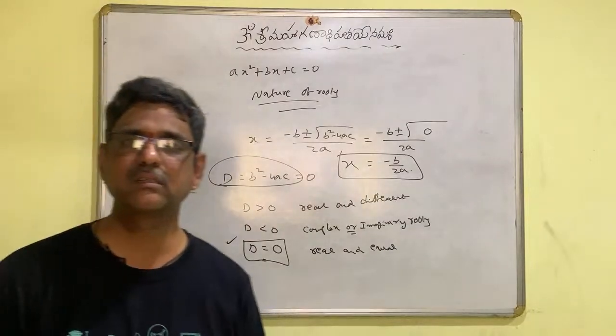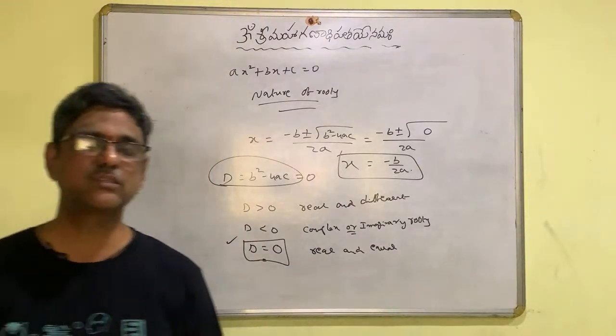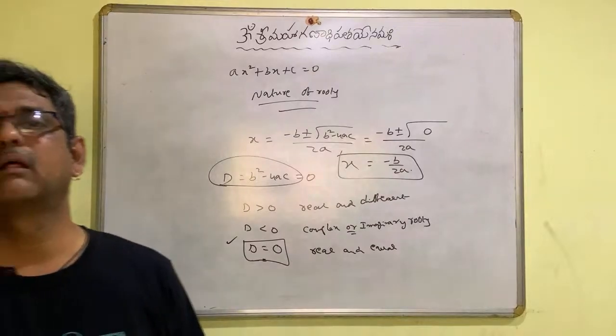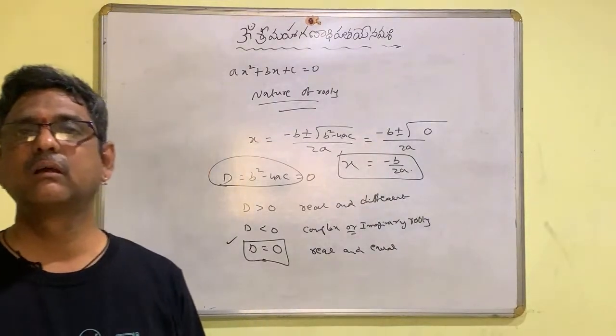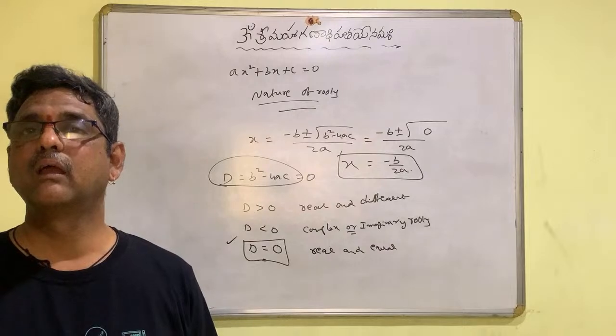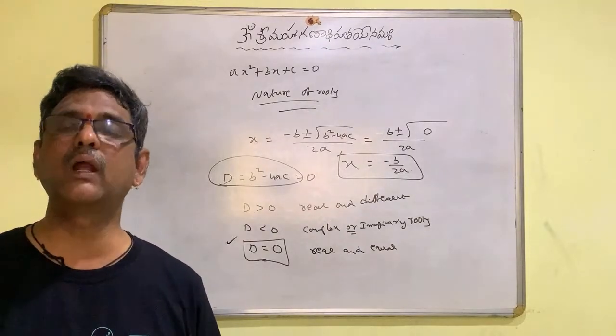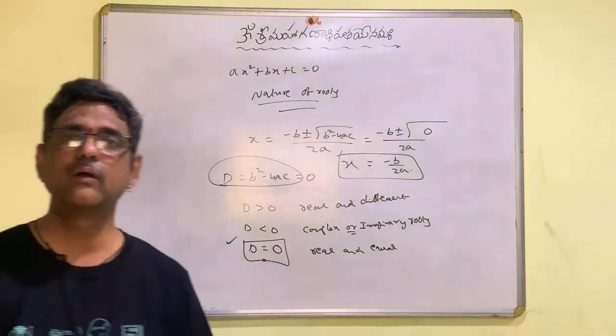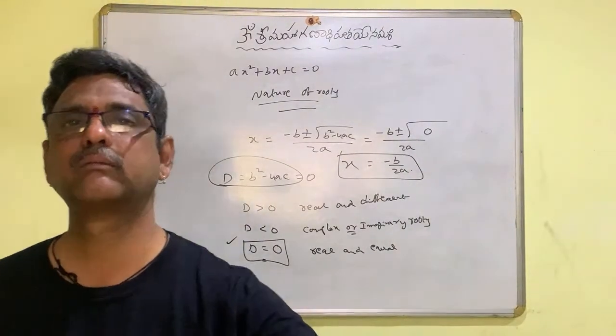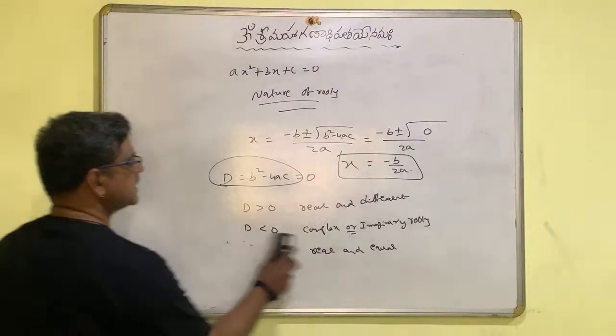What is this? It means that the particular equation is having two equal zeros. Okay, we will see one example.